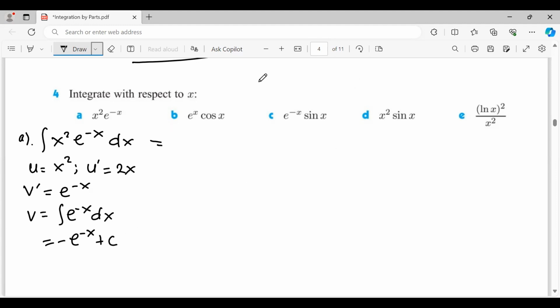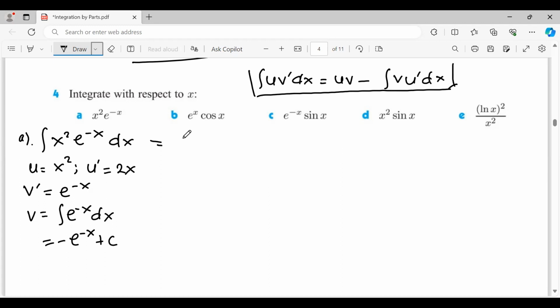So based on the formula, just a reminder, integration by parts: the integral of u times derivative v dx equals u times v minus the integral of v times derivative u dx. This is the formula.